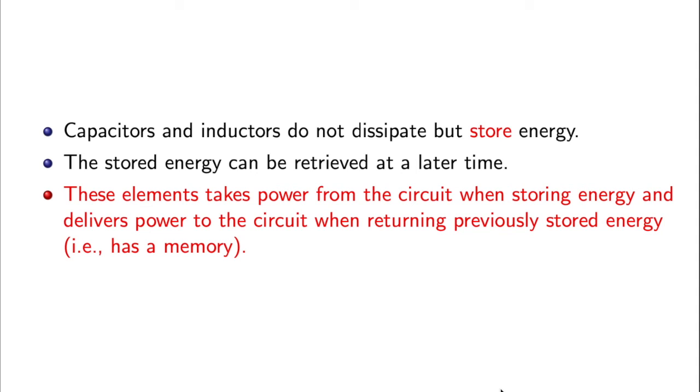Now the interesting aspect is that these elements take power from the circuit when storing energy, and deliver power to the circuit when returning the previously stored energy. So this storage of energy is acting as a memory.